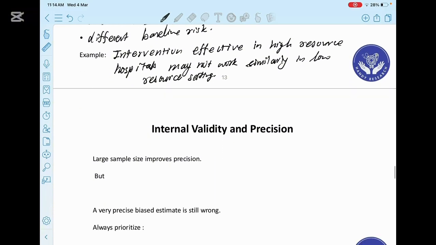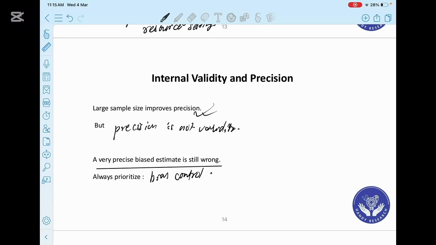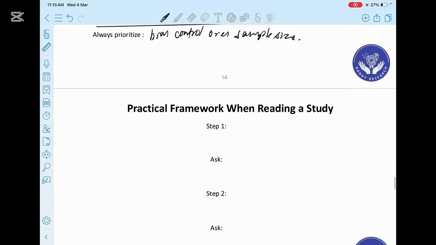Okay, internal validity and precision. A large sample size improves precision, we already know that, but precision is not validity, because a very precise estimate can still be wrong. Always prioritize bias control over sample size. Always remember it. Okay, what should you consider while reading a study?